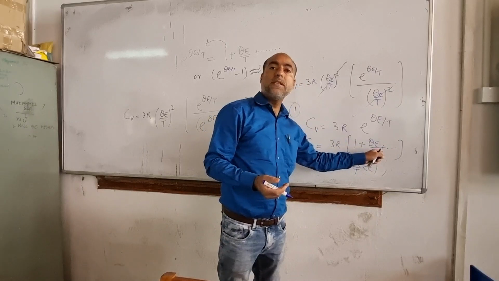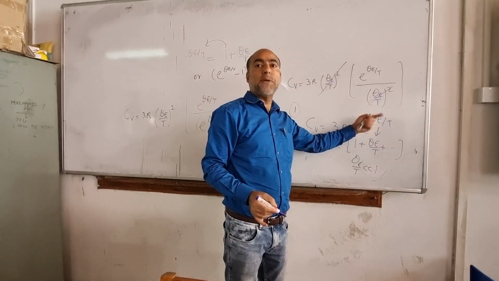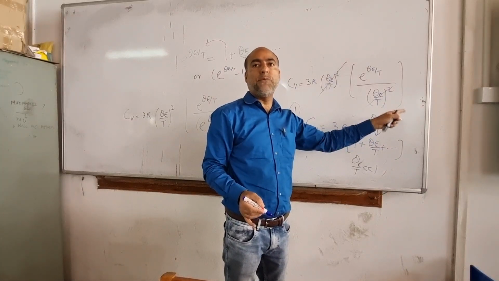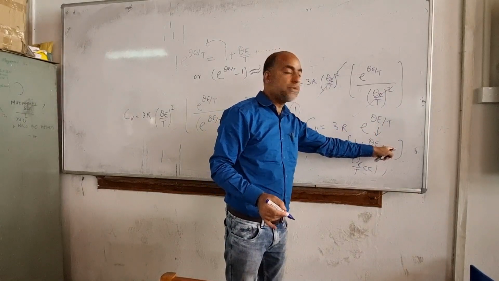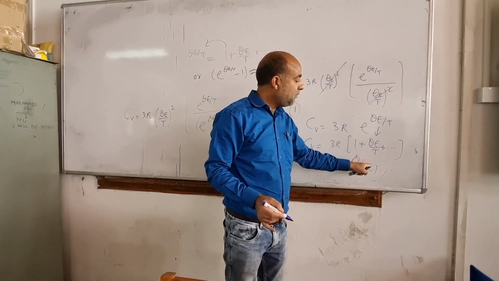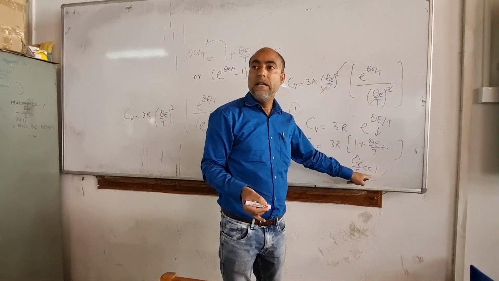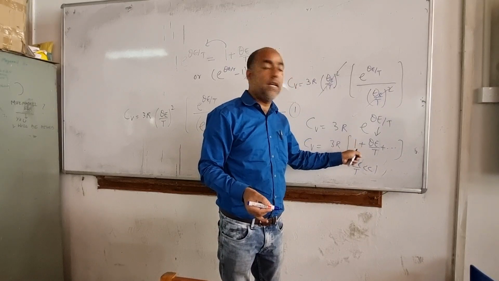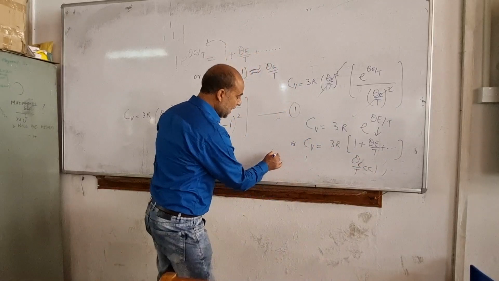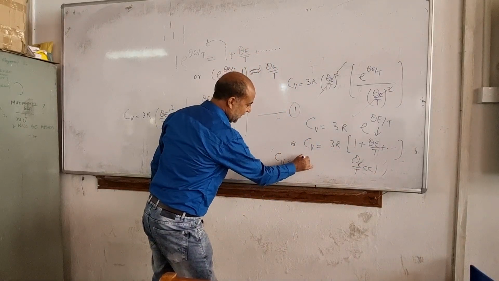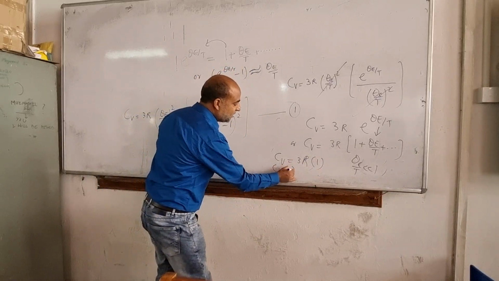Expanding e raised to x as 1 plus x plus x square by 2 factorial and so on, theta_E by T is negligible compared to 1. So C_V is equal to 3R, with only 1 inside the bracket.